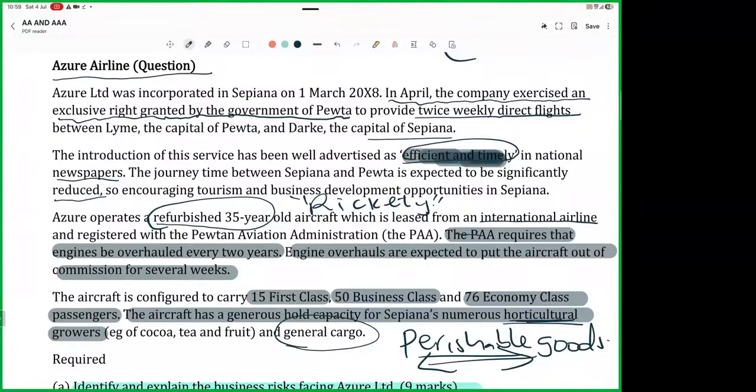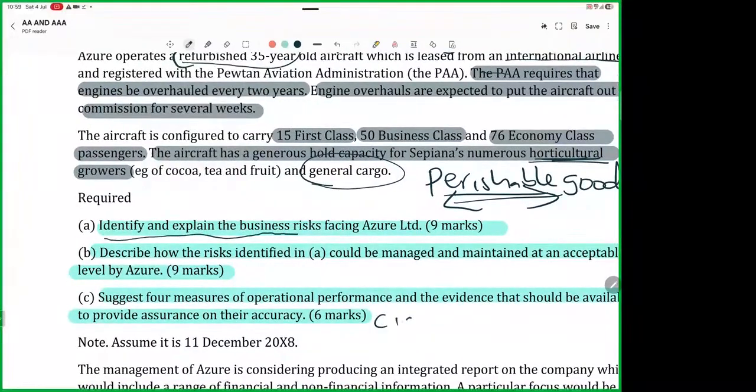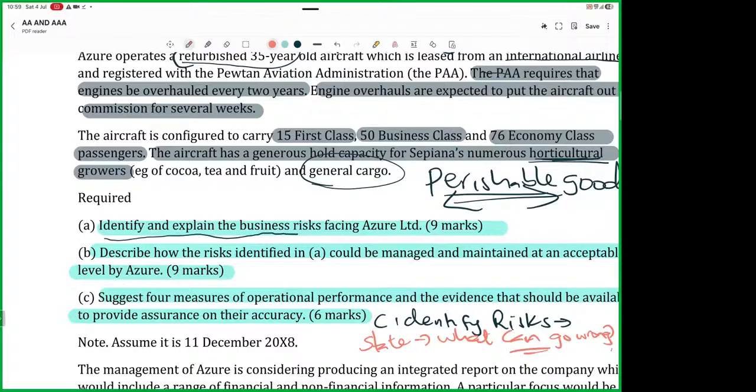Whenever they tell you to identify the risks, they simply want you to state the following: what could go wrong in this company? What can go wrong? So please always go with that question whenever they ask you to identify risks. Let's discuss what can go wrong in this very company.